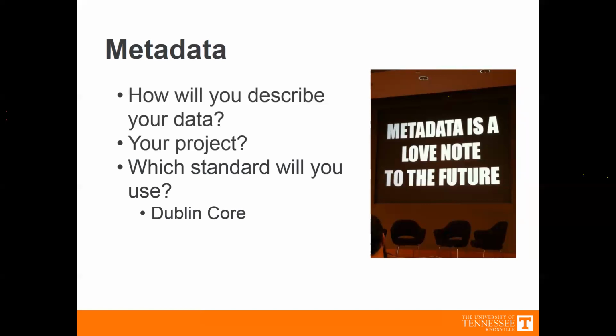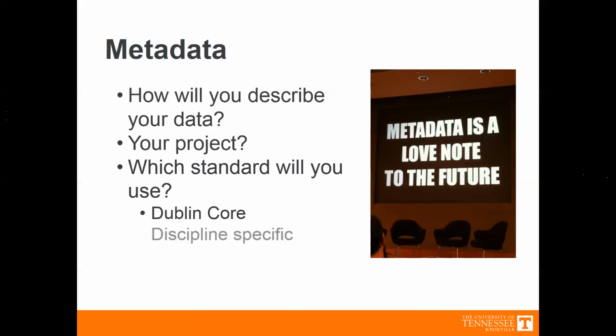I can send out a link to you that would show how Dublin Core is supposed to be built. It's a very standard, very generalized metadata standard that gets into things like title and author and description and date and things like that, just kind of describing how the data were collected.